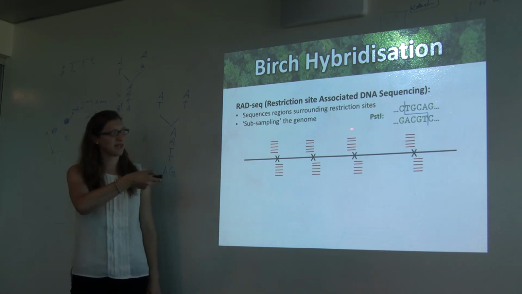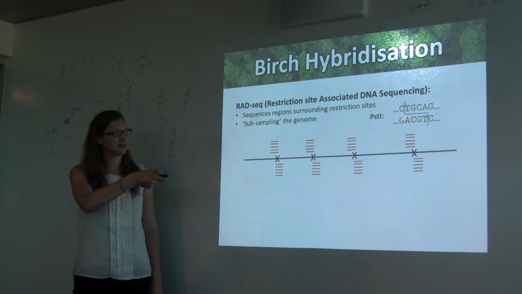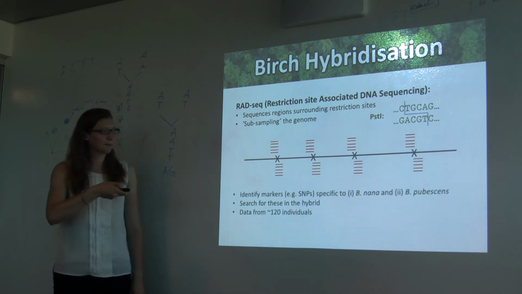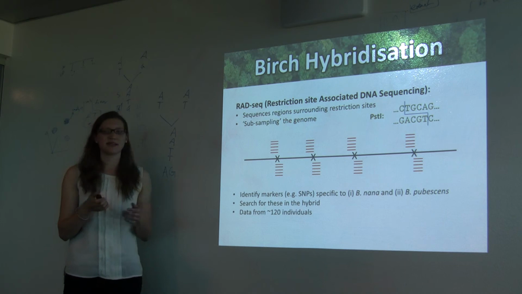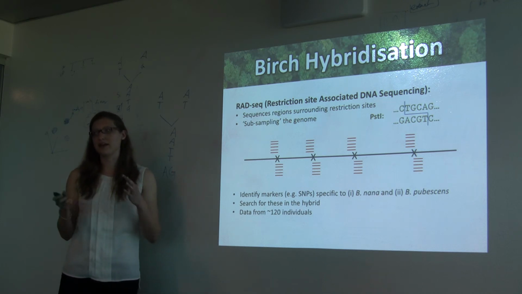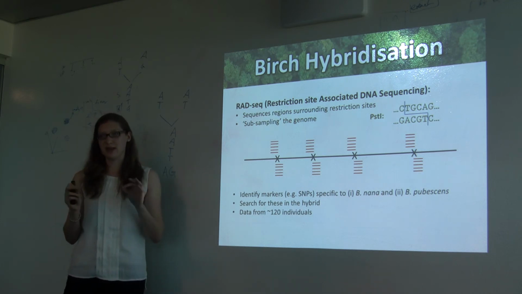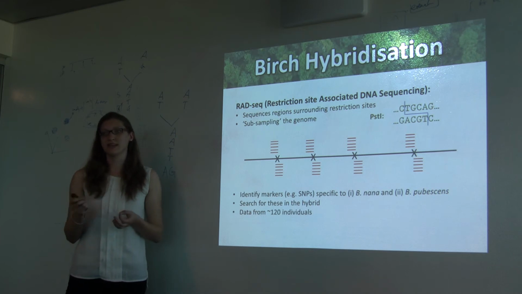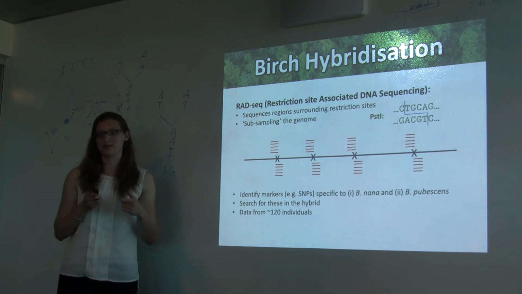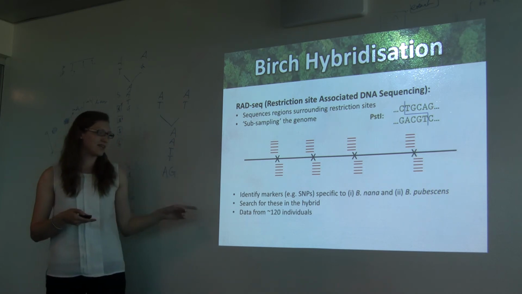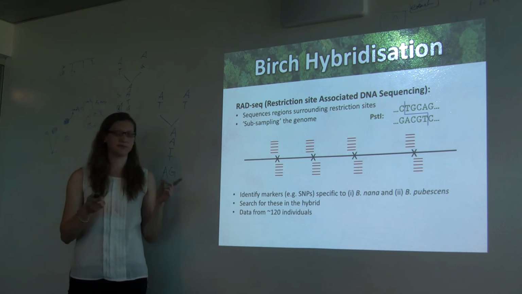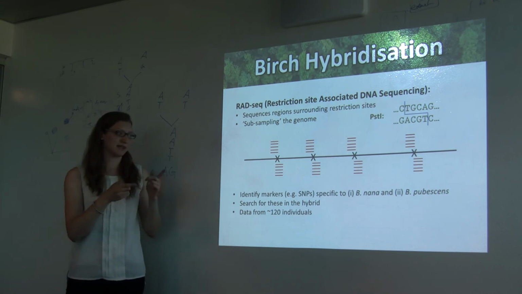And this is a restriction enzyme that we use to cut at this cut here. And then what we want to do is identify markers such as SNPs that are specific to each of the parent species, and then we can identify these in the hybrid and look at the levels of integration that's happening. And we have data from about 120 individuals of mixing of the different species.